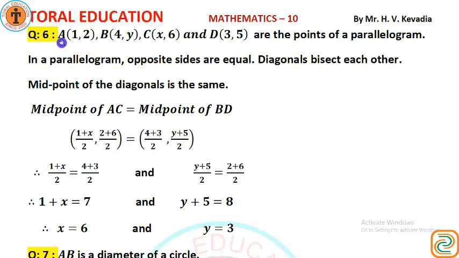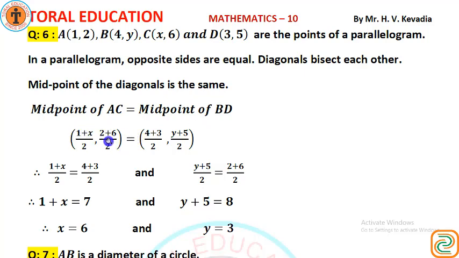We have taken ABCD here. In a parallelogram, opposite sides are equal and diagonals bisect each other. Bisect means the point where the diagonals intersect is the midpoint. So the midpoint of the diagonals is the same. Midpoint of AC equals midpoint of BD.